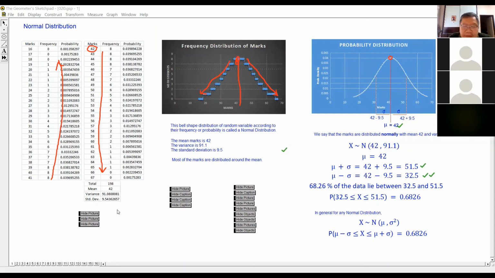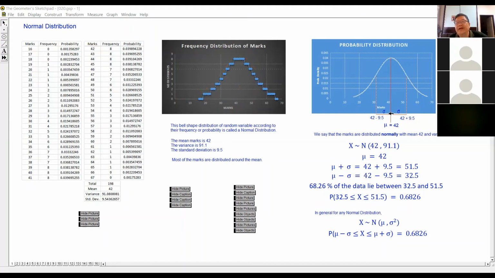Jia Yan, any question? No question. This is just explaining only. If you understand, then understand. If you cannot understand, then probably I explain again. That's all, right?